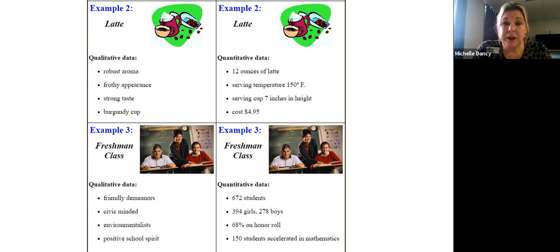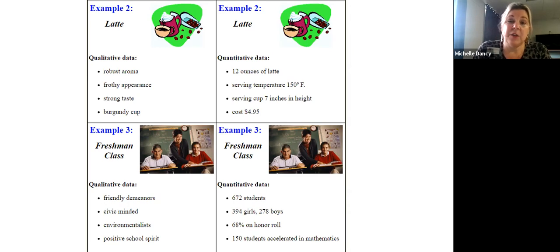Same thing at the bottom with our third example, the freshman class. I could talk about how many of you are male versus female. I could say that you had a positive school spirit. I could talk about your personality. Those would all be qualitative. Quantitative, I could say there are exactly 751 freshman students.